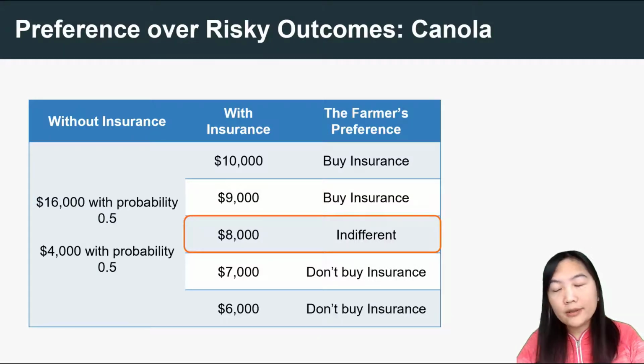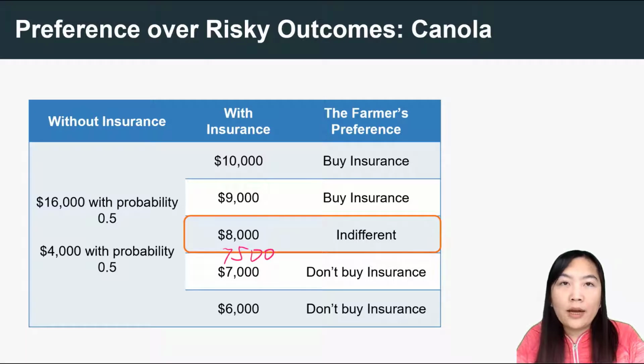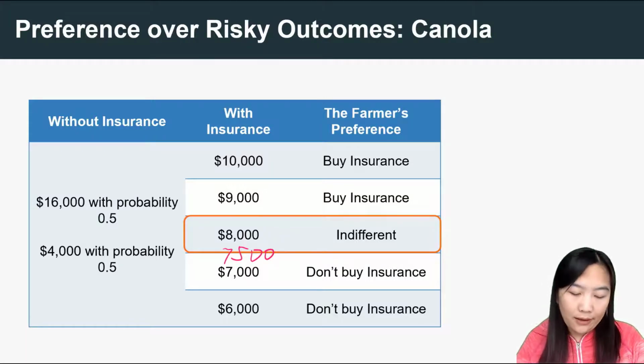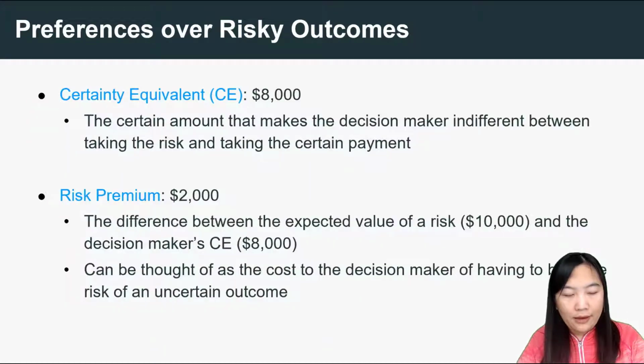And here in this table, it is one decision maker's preference. Another producer or decision maker might have a different preference. For example, there might be a person who's indifferent at the level of 7,500, and that will be that person's CE level. So different persons might have different CE levels.